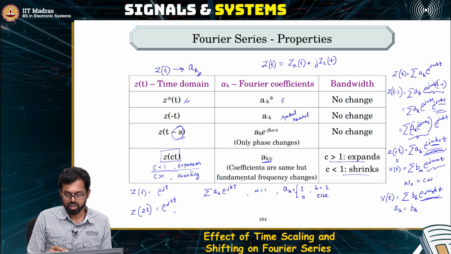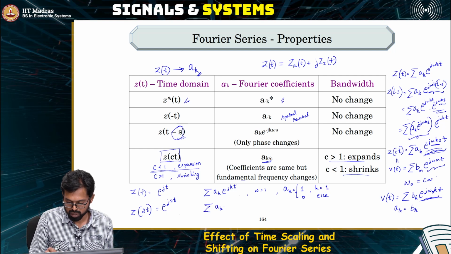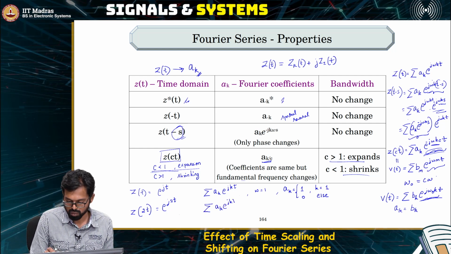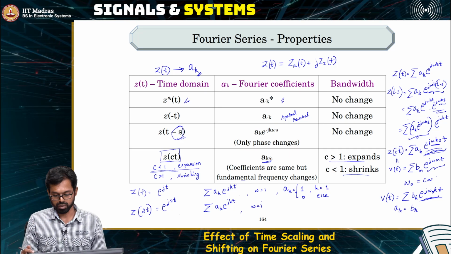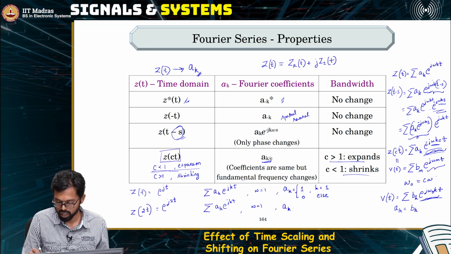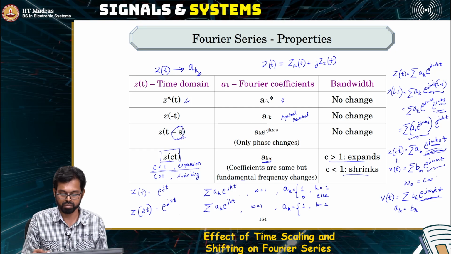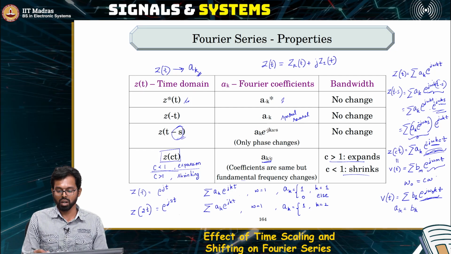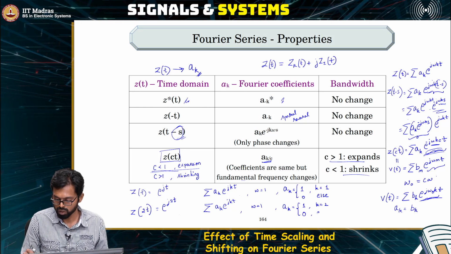Now what is the corresponding Fourier series representation under the old fundamental frequency? Under the old fundamental frequency, now I will say that ak is 1 for k is equal to 2, right? In all other places it is 0.